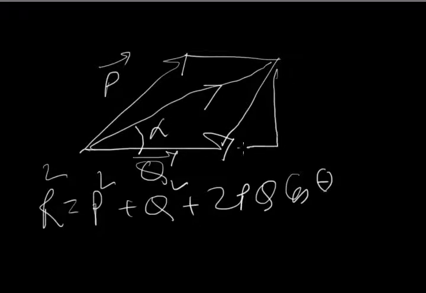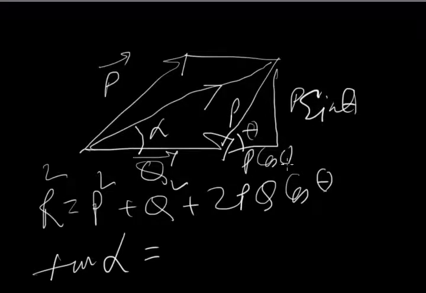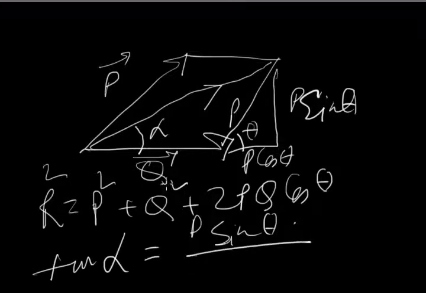The direction of the resultant, given by tan alpha, is perpendicular by base. If this is the figure, this is P, this is theta, this is P sine theta, and this is P cos theta. As you can see, the perpendicular is P sine theta, and the base is Q plus P cos theta.